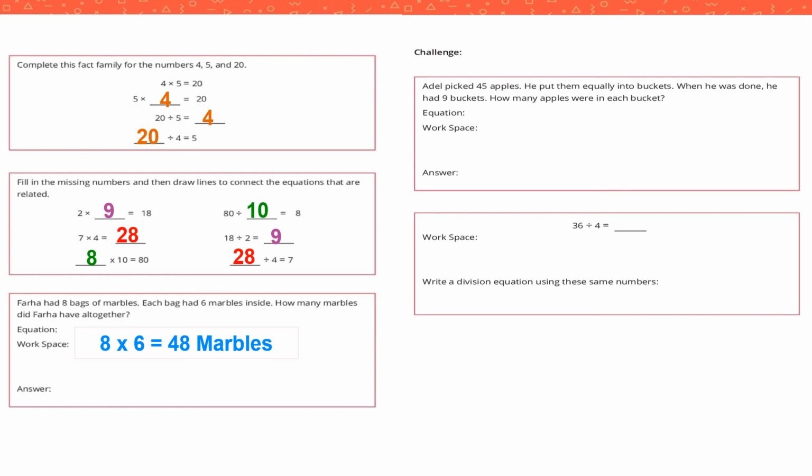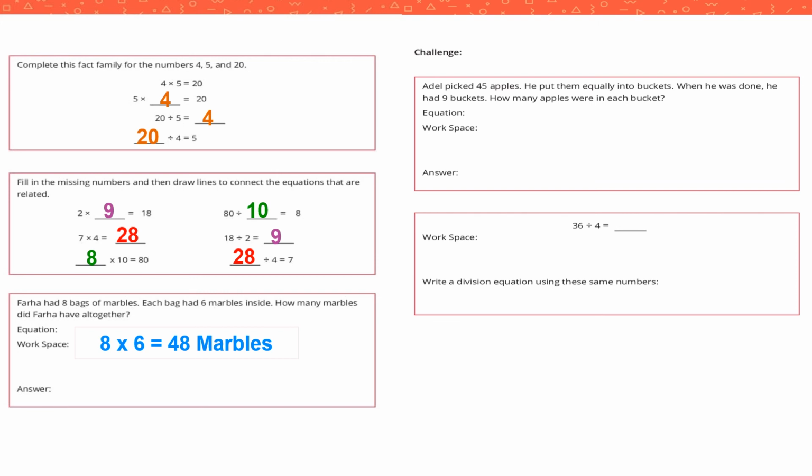The challenging part, Adil picked 45 apples. He put them equally into buckets. When he was done, he had 9 buckets. So he had 45 apples and distributed them into 9 buckets.